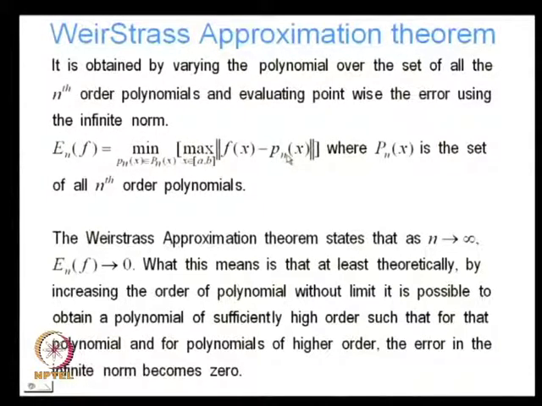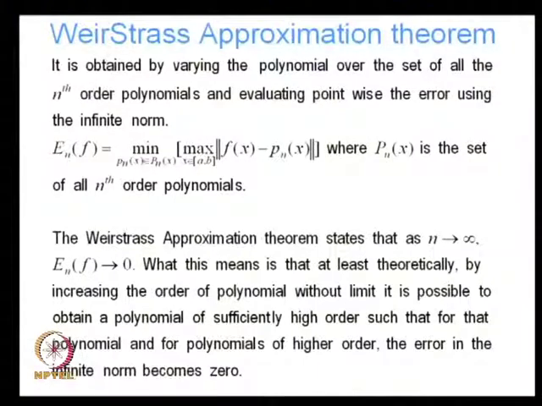Basically the polynomial is exactly equal to the function, because the maximum difference between the function and the polynomial value at any point in that interval is 0. So the polynomial becomes exactly equal to that function.